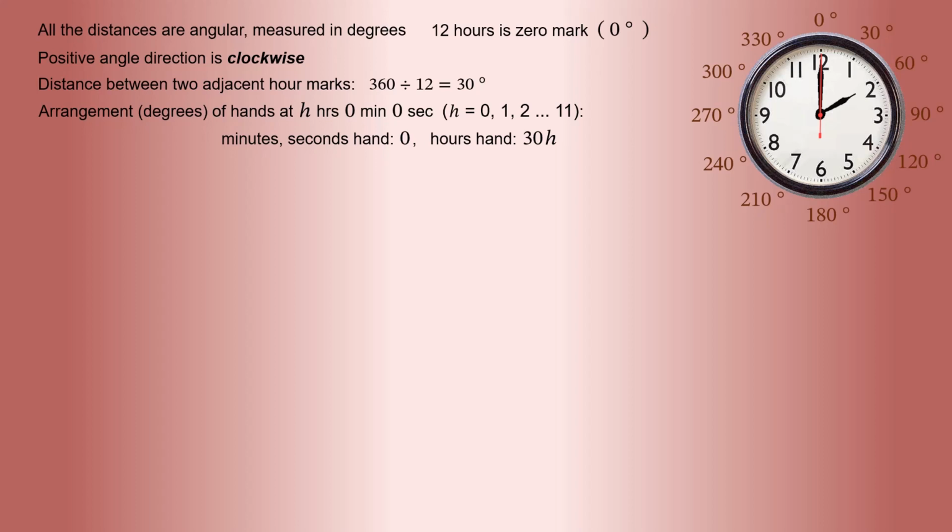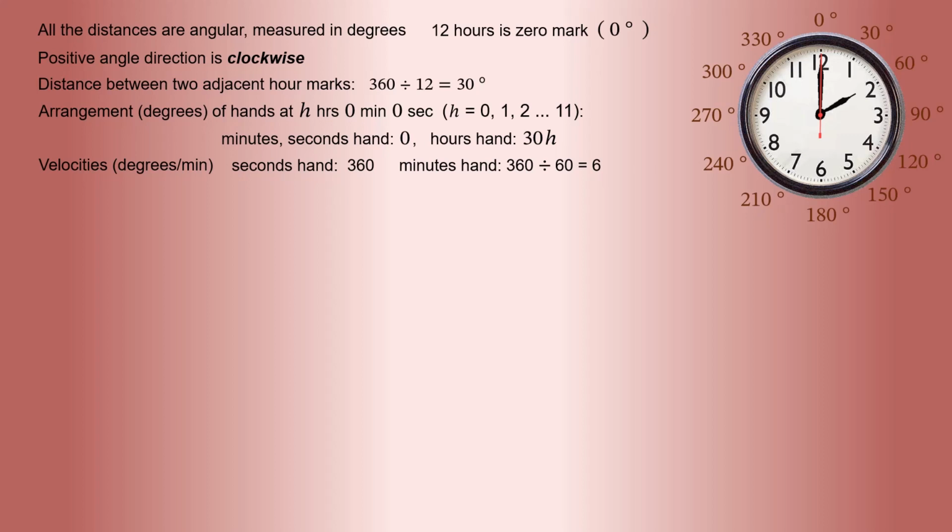Now let's find the velocities of the hands. The fastest is of course the second hand. It makes a full turn in 1 minute. So its speed is 360 degrees per minute. The minutes hand makes one turn in an hour, or 60 minutes. To find its velocity, we divide 360 by 60 and get 6 degrees per minute.